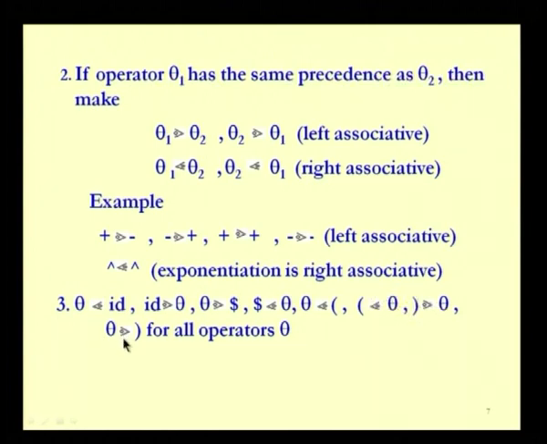And similarly, theta is going to be greater than closing bracket. That is, when you find a closing bracket, the expression preceding it until we reach the opening bracket should undergo a reduce operation, where theta, as I already said, is any operator.